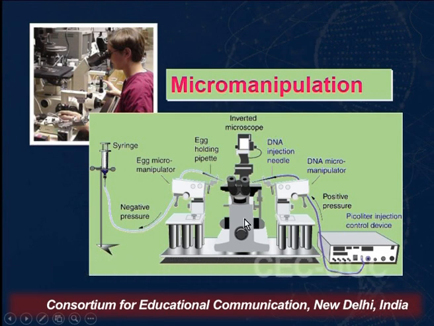Obviously this facility is not present in every lab, but now creating a transgenic mice is not that difficult, and many institutes have these facilities and outsource it for other labs to produce it as well.